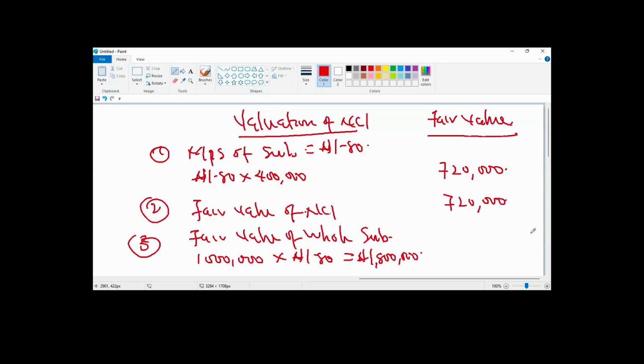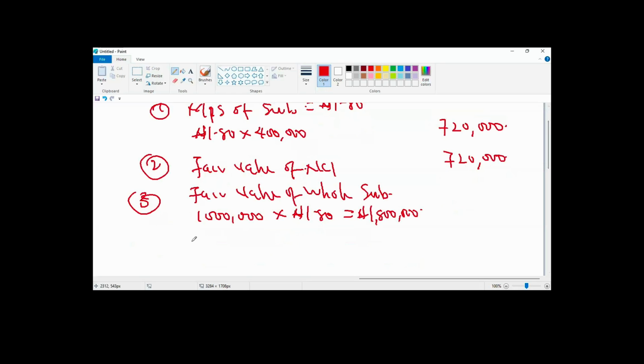Don't forget, the parent does not acquire all the shares in the company. It only has 60% control. So NCI will be 1.8 million by 0.4, which will still give you 720. So the question can give me the fair value of the whole, just like this 1.8. I will now multiply NCI percentage on the fair value of the whole.